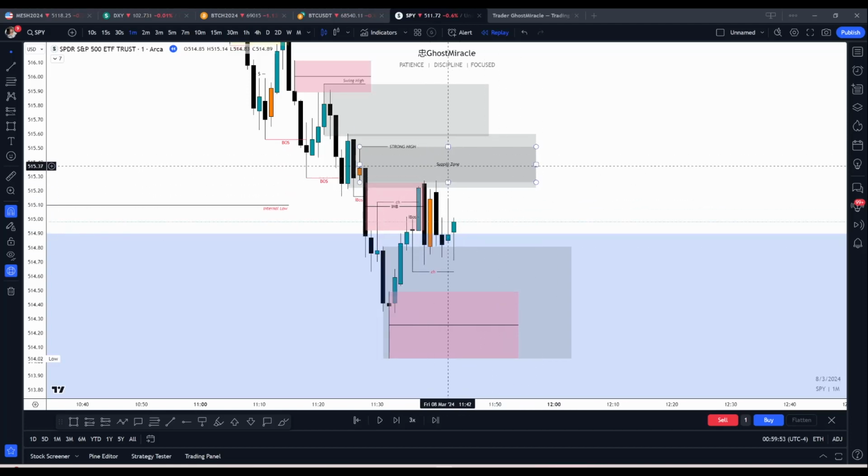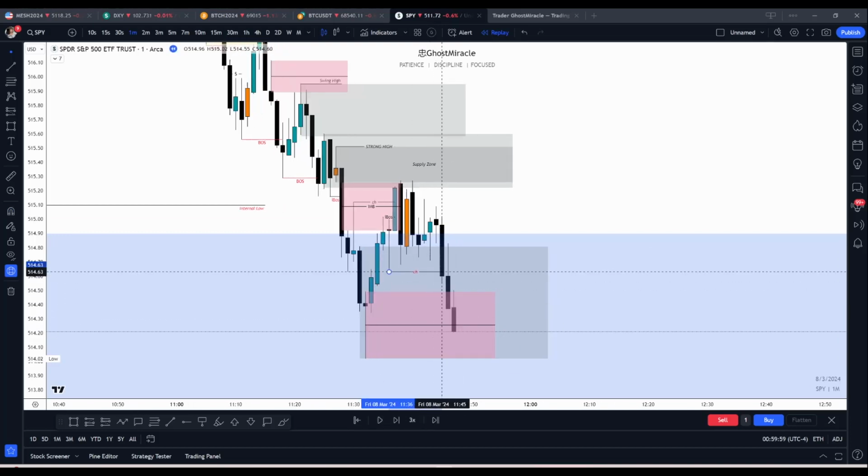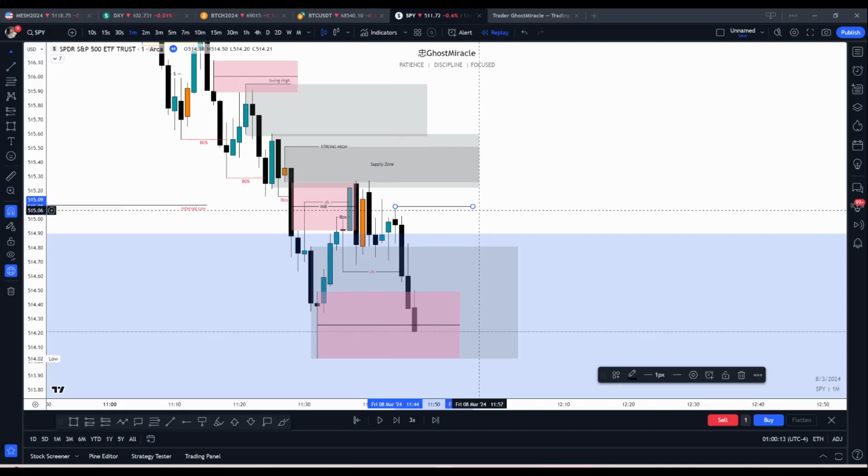Because you had this high, low, high, some consolidation, mitigation, and then you play it forward. So you got your change of character here, right? And then price created this high, low, high, low, high, low.